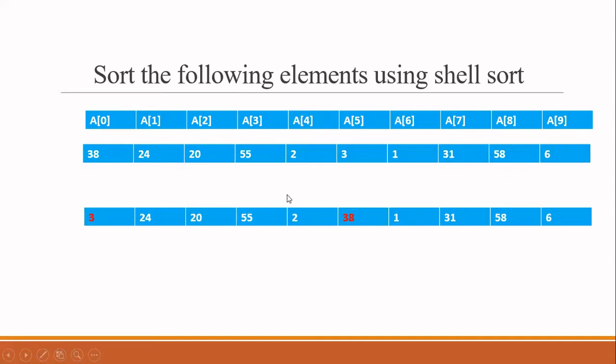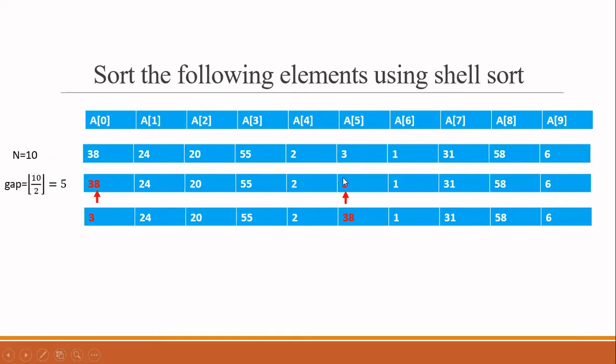Now first tell me the gap value. Any one of you tell me the gap value. 5. Okay, since n is 10, the gap is the floor of 10 by 2, which is 5. Now I will set one of my pointers at A of 5, because the gap value is 5.